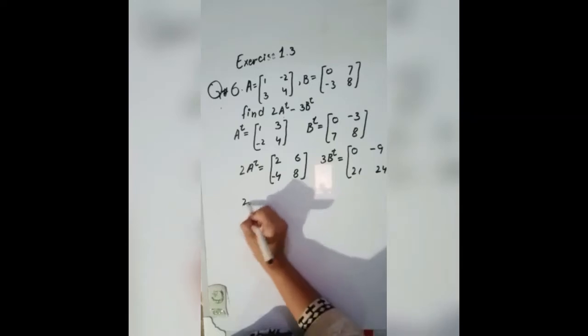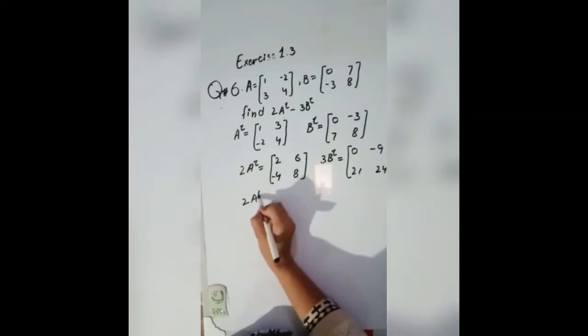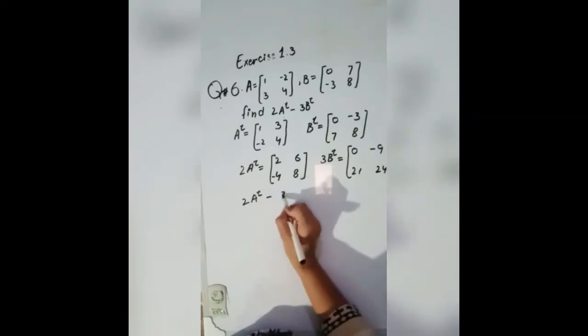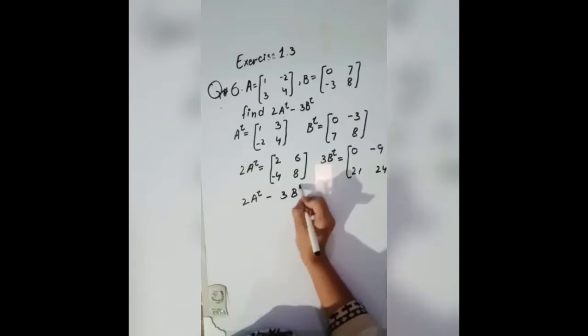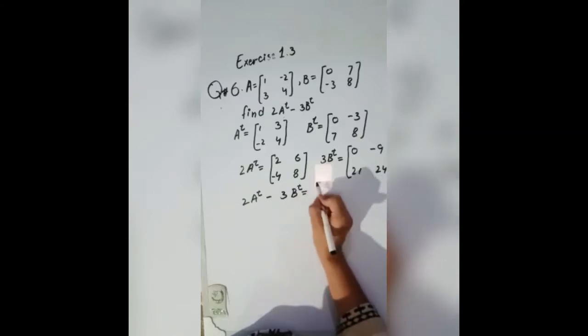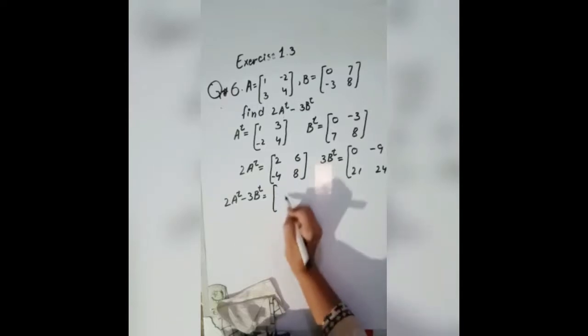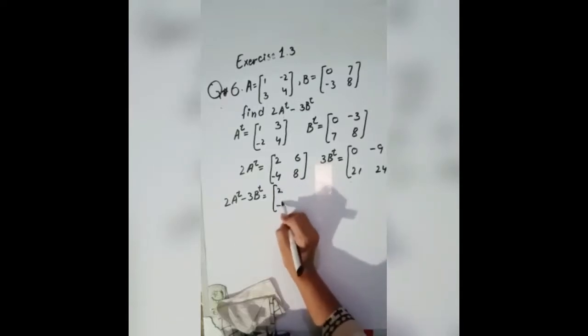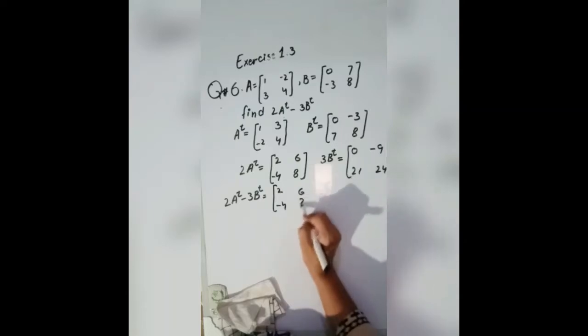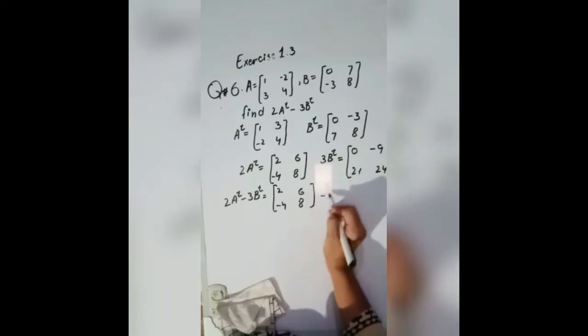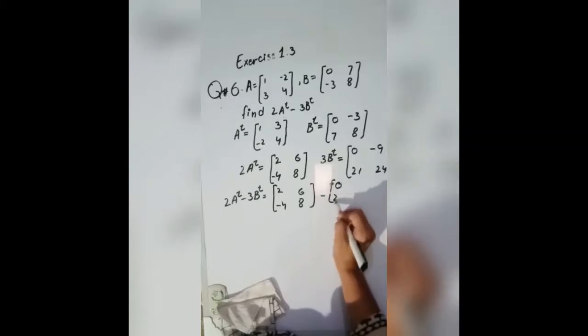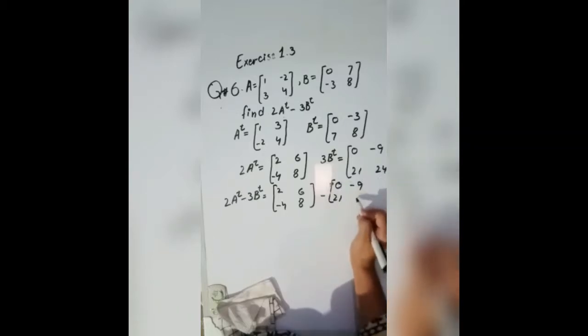Now we have to do 2A transpose minus 3B transpose. 2A transpose is 2 minus 4, 6, 8. Minus 0, 21, minus 9, 24.